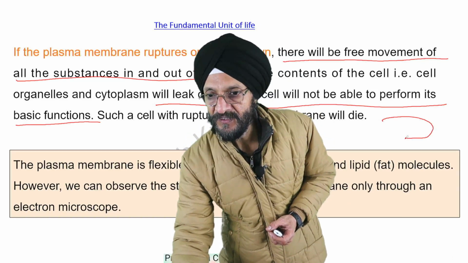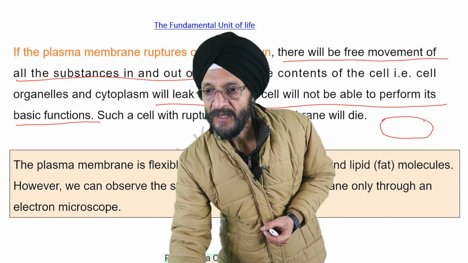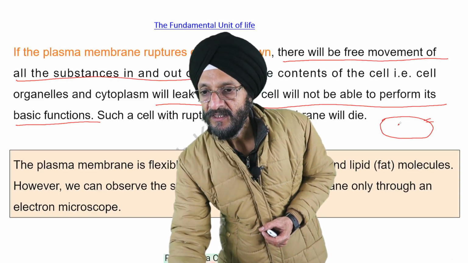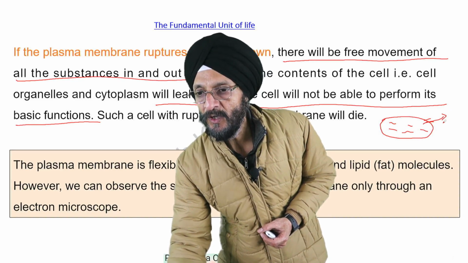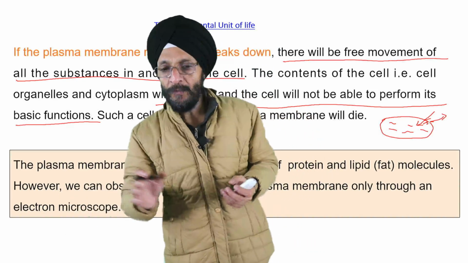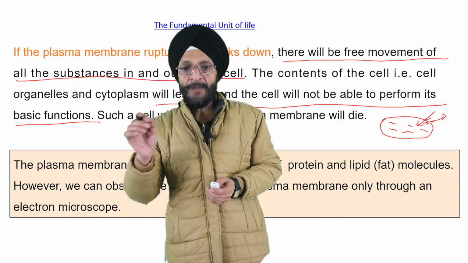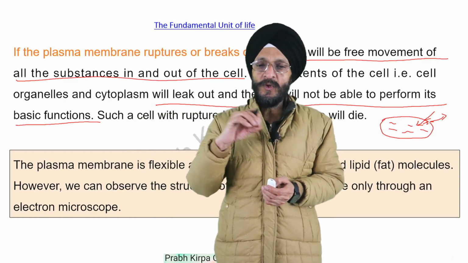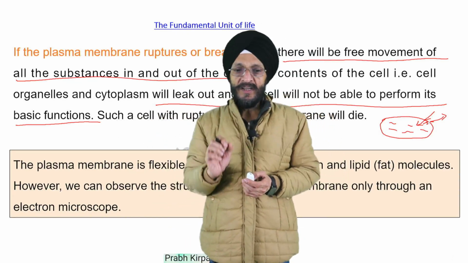We can say that if this is the cell wall, a plasma membrane, and it breaks, all the parts which are present inside will go out, all the material outside may move in, and the cell will not be able to perform its functions, and such a cell with a ruptured plasma membrane will die.